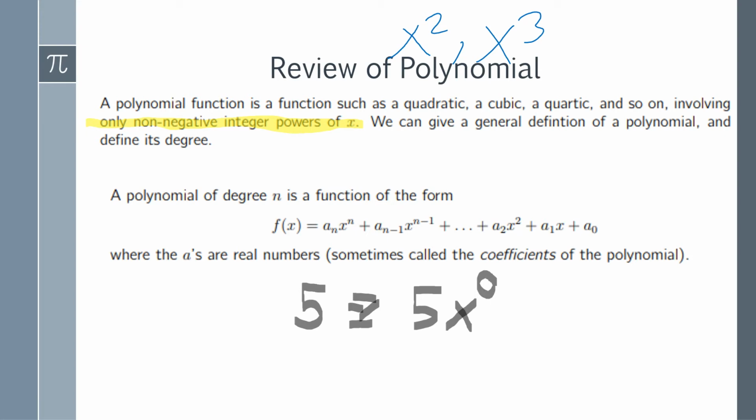Remember, the exponent has to be non-negative. 0 is not a negative number. But here, you call this a constant.